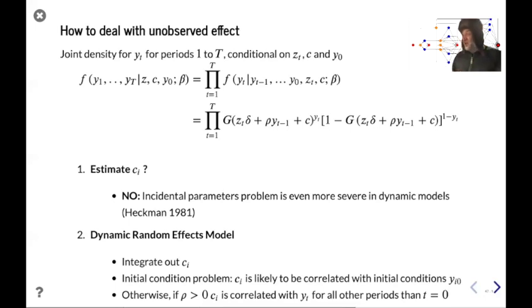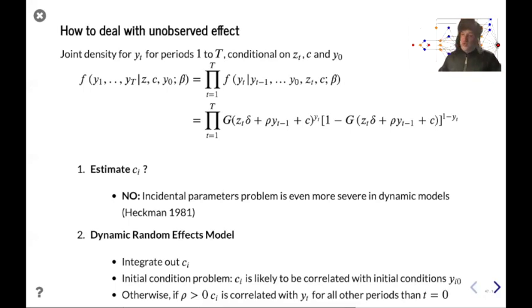These things are not independent, so you cannot just multiply all the marginal densities together, because there's dependence over time because of the lagged dependent variable.